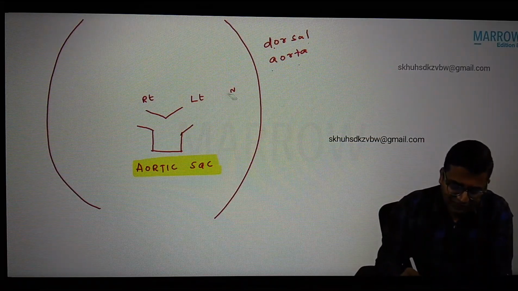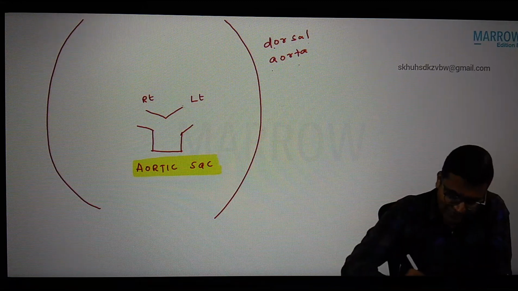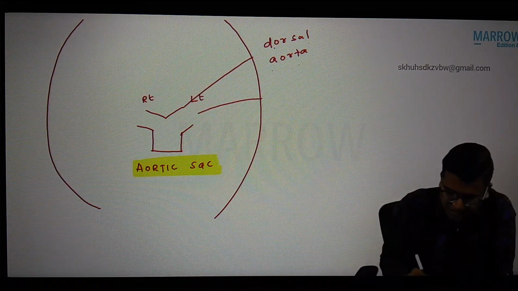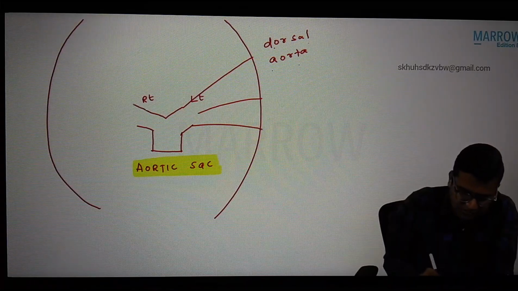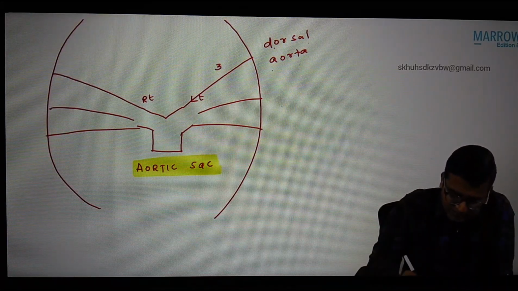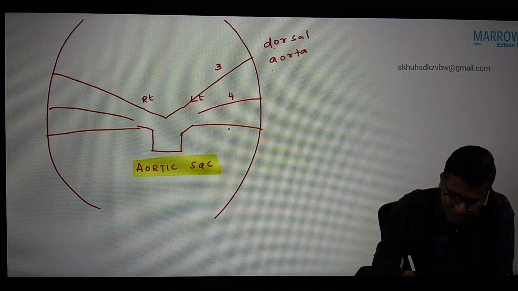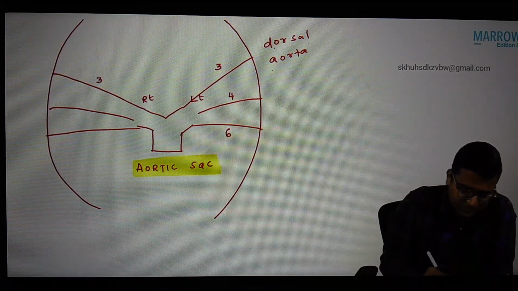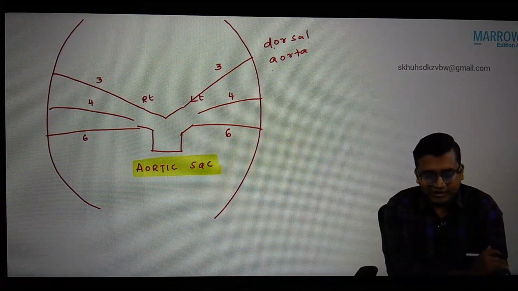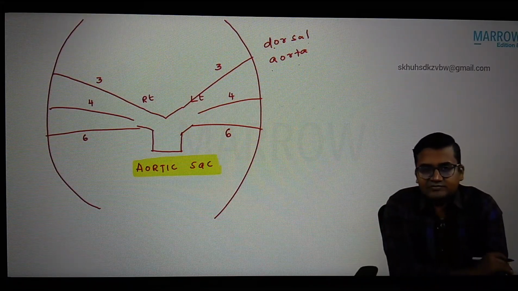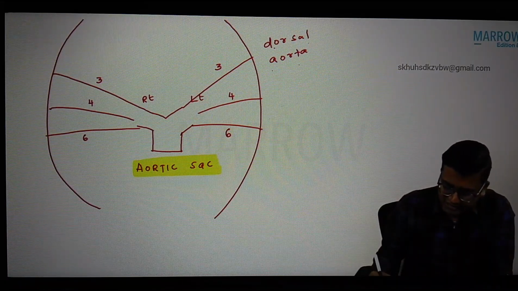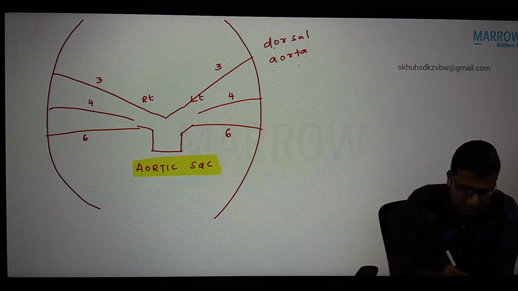Now the right and left horns of the aortic sac are connected to the dorsal aorta by means of the arch arteries. So this is the third arch artery, this is the fourth arch artery, and this is the sixth arch artery. Third, fourth, and sixth arch artery, left side, right side. Shall we proceed?